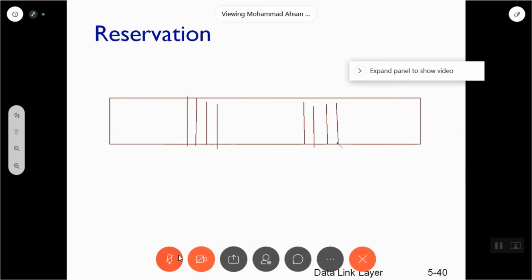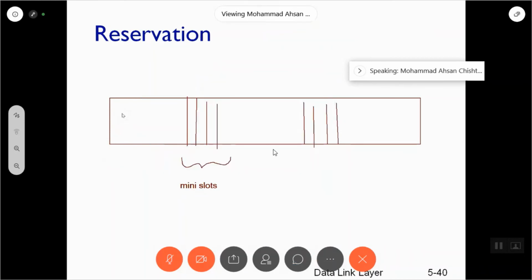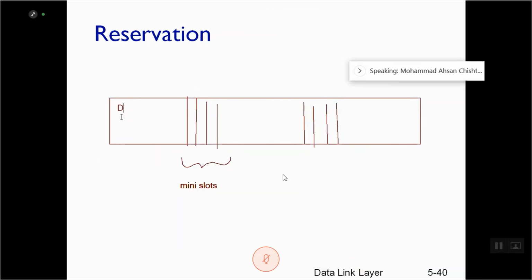Okay, now we have these small ones depicted here. They are what we call mini slots. And we have a bigger slot here. In this, we will be sending the data: this is the data of station 1, this is the data of station 2, then again data of station 1. So let's try to understand this.